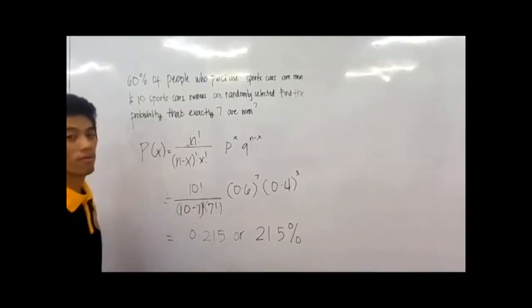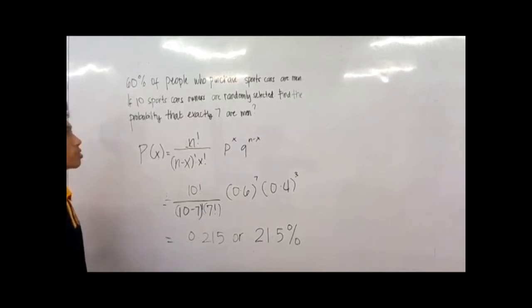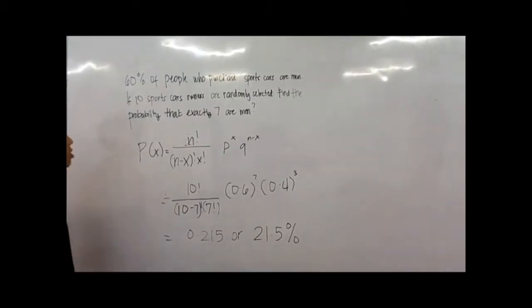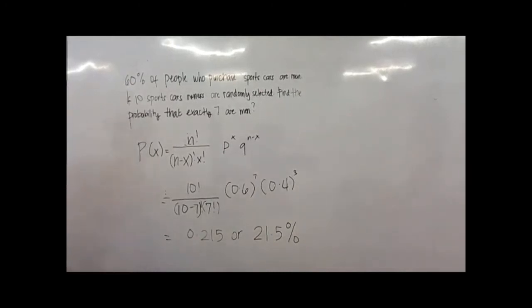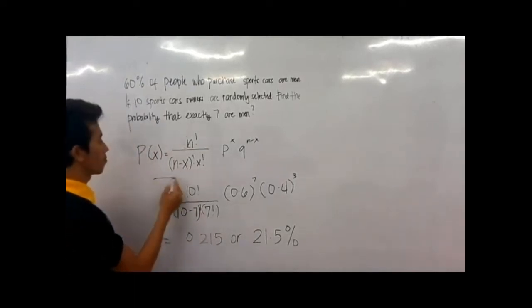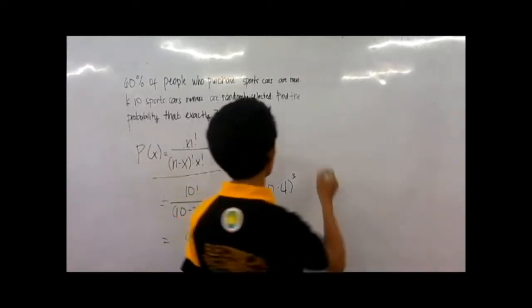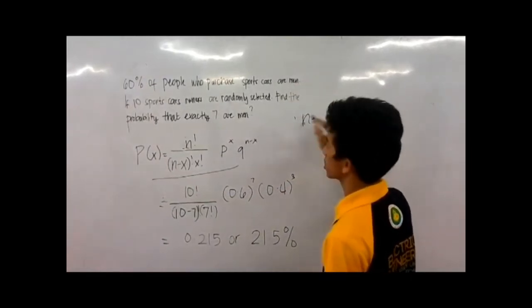Here's another example of a binomial distribution. 60% of people who purchase sports cars are men. If 10 sports car owners are randomly selected, find the probability that exactly 7 are men. First, we need to find the given values for the formula. The number of cars is n, which is 10.